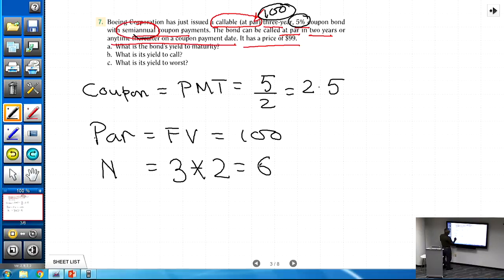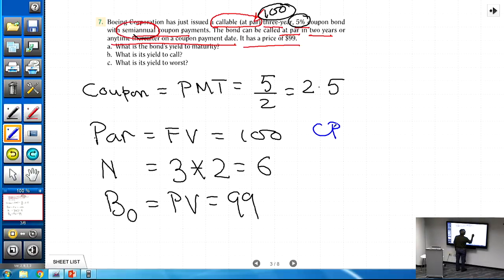And we have the price of the bond, B0, or present value, as 99. So what do we now have to do? We have to compute IY.